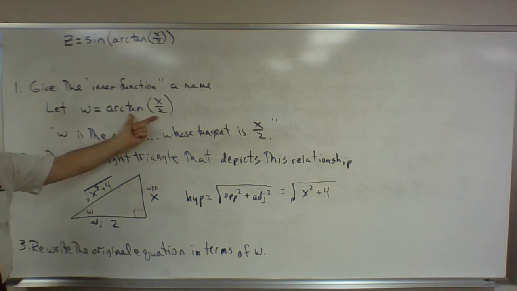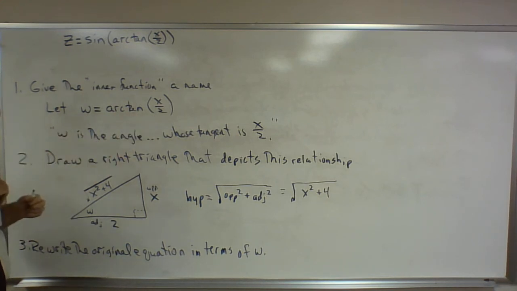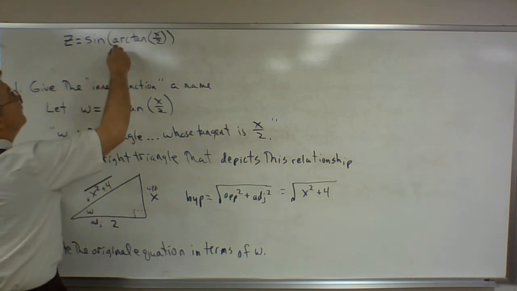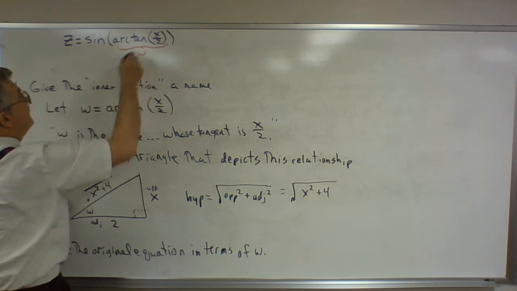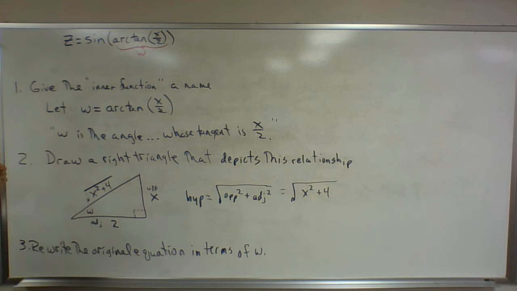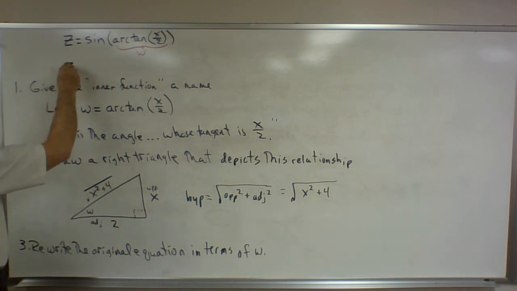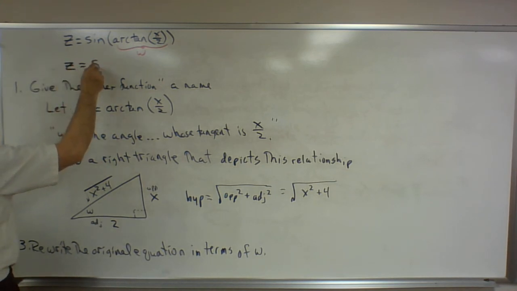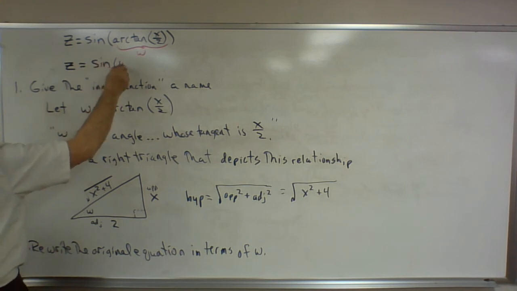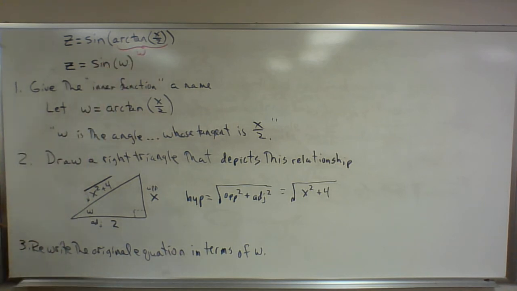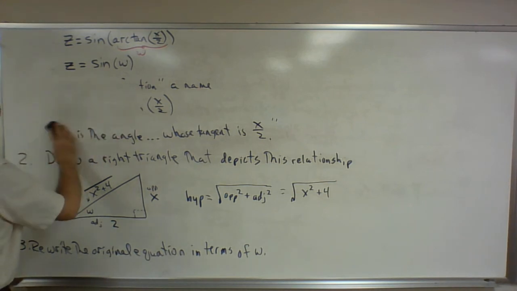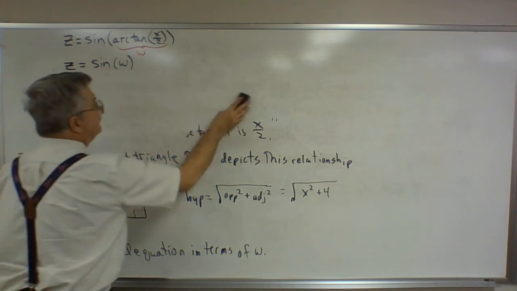W is arctangent of x over 2. Son of a gun, there's our w right there. So this becomes z equals sine of w. Oh my goodness, we are so close. We are so close.